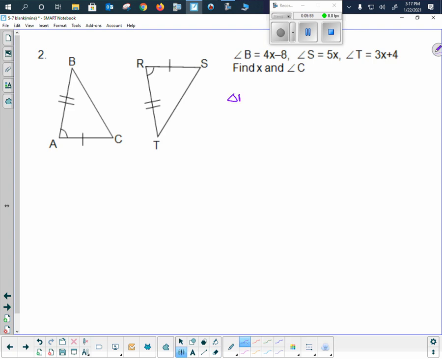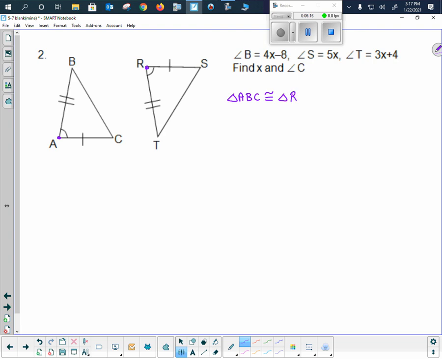So triangle ABC, because it's alphabetical, is congruent to triangle. Now notice where A is. Okay, A is the one with the single mark. Okay, that's easy for you guys to find that that should go with R in the front.